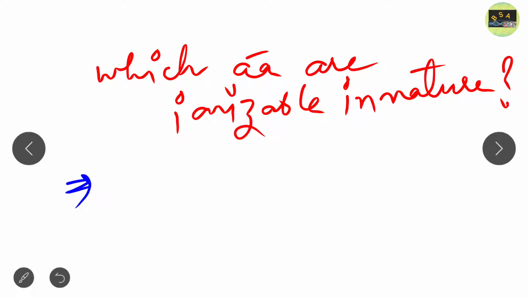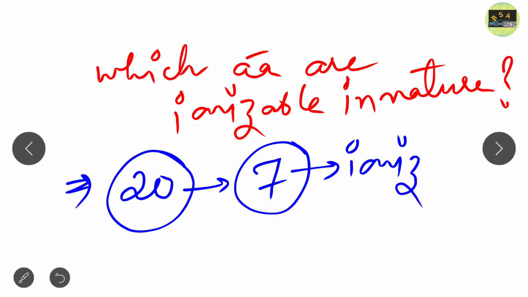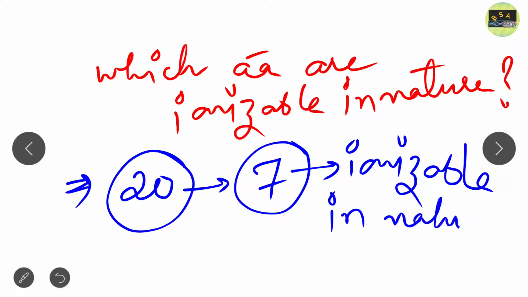We all know that there are 20 amino acids, and out of these 20 amino acids, there are 7 amino acids which are ionizable in nature. Clear? So which are those 7 amino acids that are ionizable?